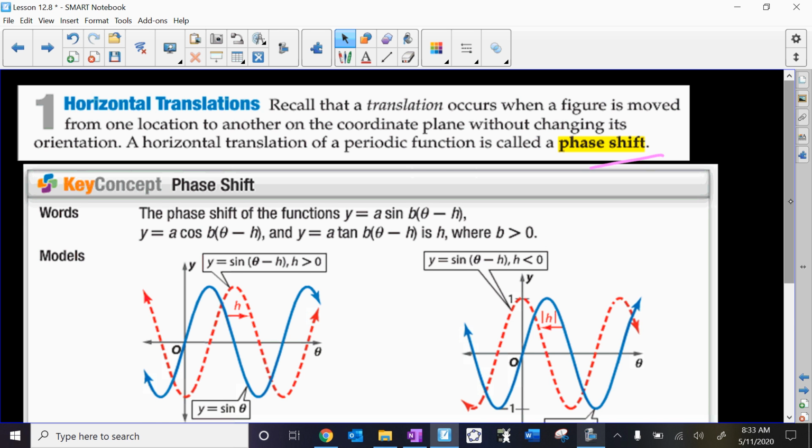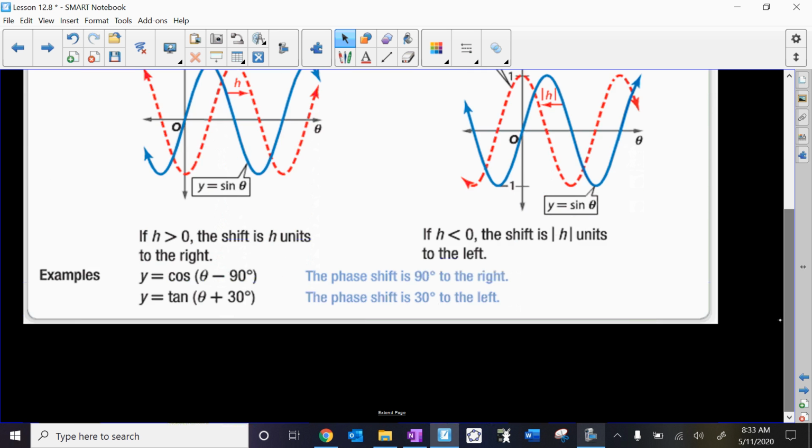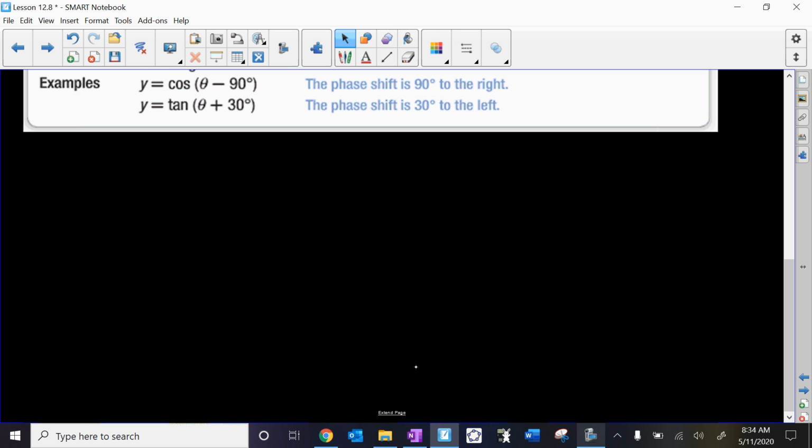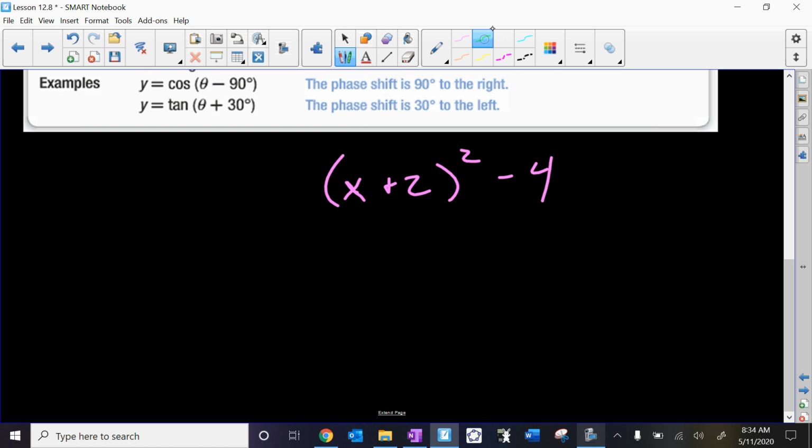And this is going to be opposite of whatever you would think. Remember, going back to an example we remember, if I was giving you x plus 2 squared minus 4, for example, inside of our parentheses would tell us how much we were shifting left or right, and outside would be how much we're shifting up or down.